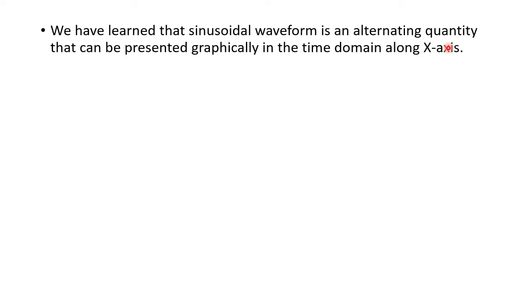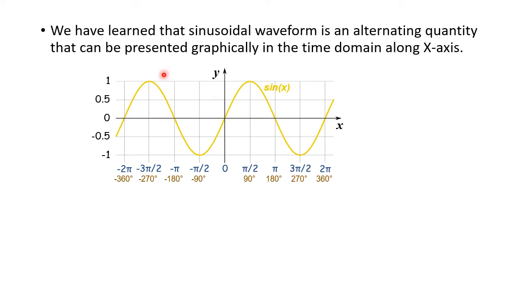So if we look deeper, this is a pure sinusoidal waveform. Here this is sin x, this is the x-axis, this one is the y-axis. With the increase of the angle, the value of y is varying. At this initial point, the value is 0. Then till pi by 2, 90 degrees, it is increasing.